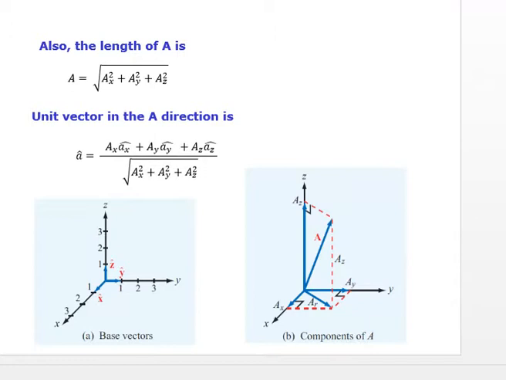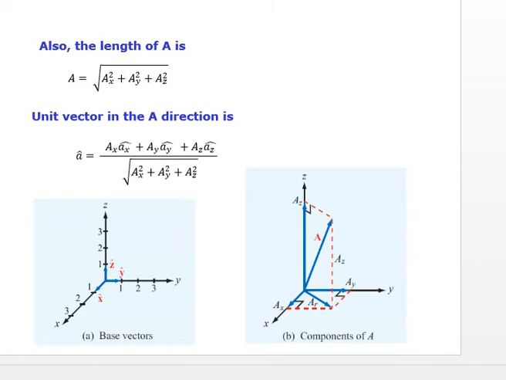The length of vector A can be determined with the help of this expression: capital A equals the square root of Ax squared plus Ay squared plus Az squared. Dear students, the unit vector of any vector is an important tool for the analysis of field problems.